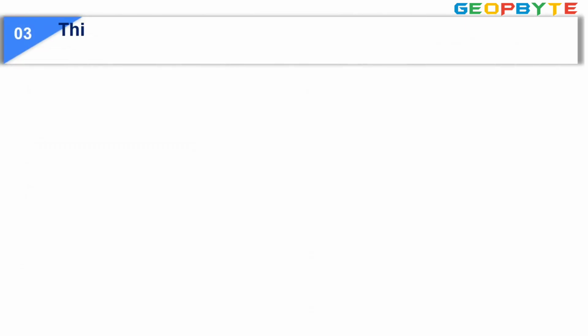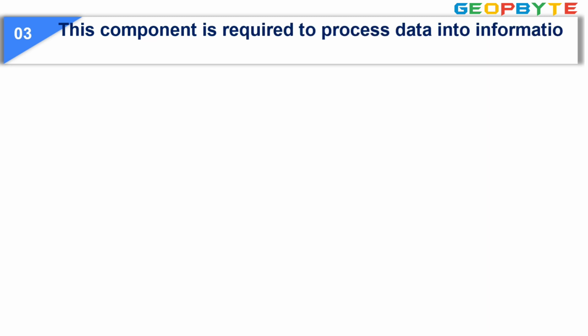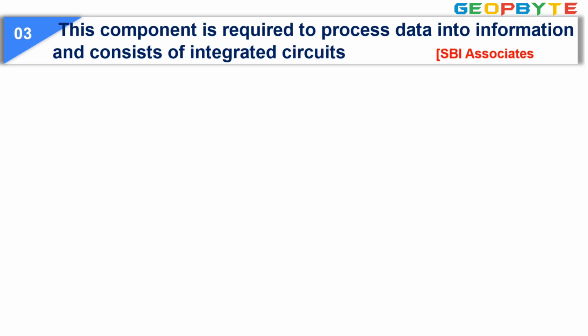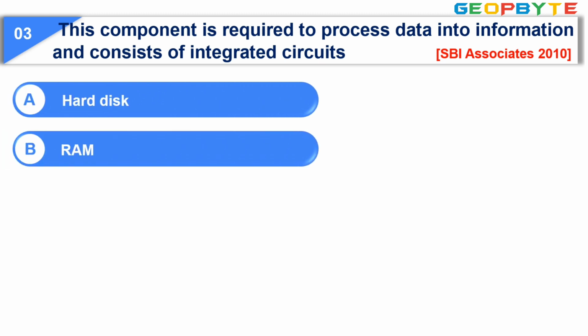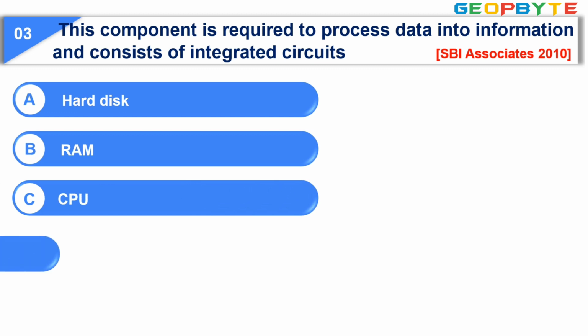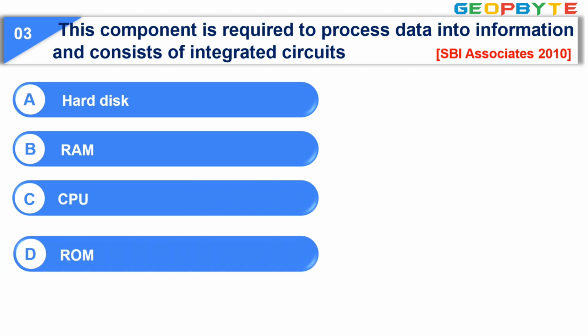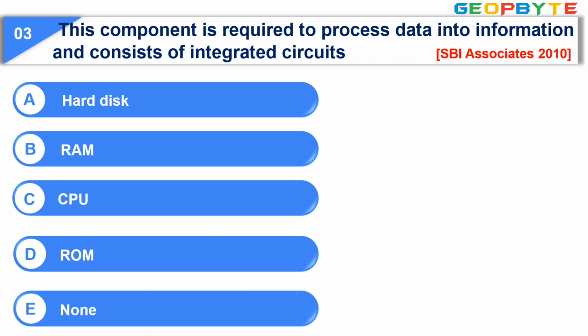Moving to question number 3. This component is required to process data into information and consists of integrated circuits. Option A hard disk, option B RAM, option C CPU, option D ROM, option E none of these.